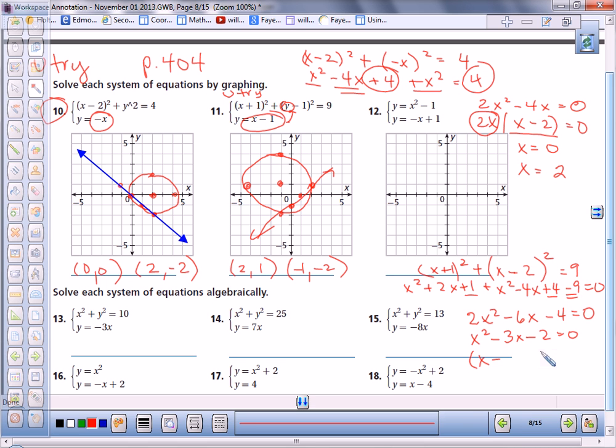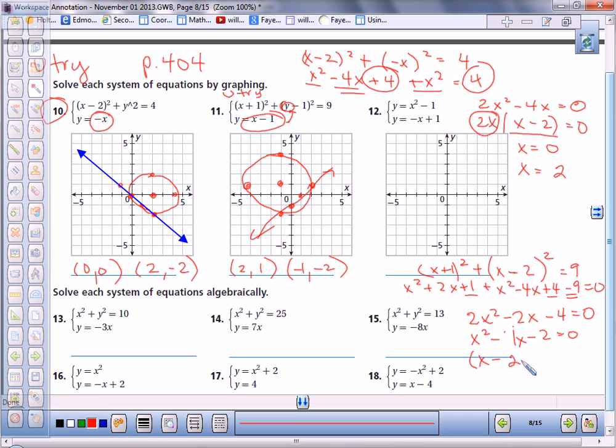This is not right. This is not minus 6. It doesn't factor that way. This is minus 2. Okay, so we get x equals 2 or negative 1. And what were our x's? 2 and negative 1. So we could also do it algebraically.